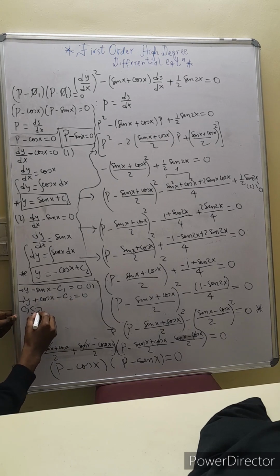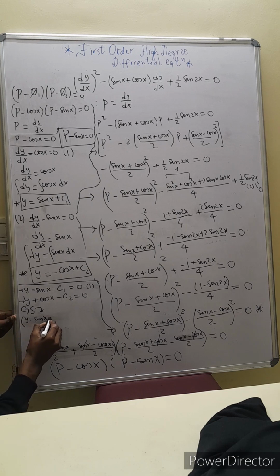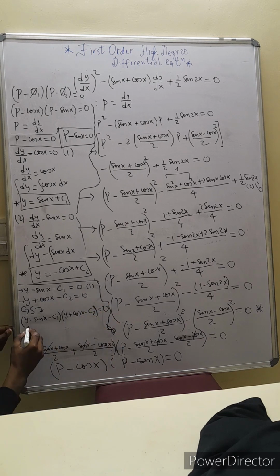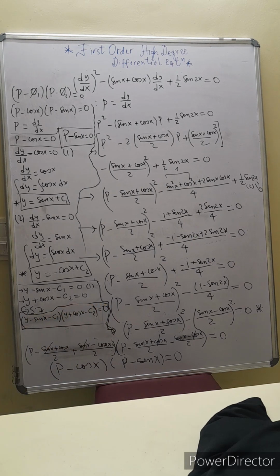So this will be our general solution: y minus sine of x minus C1 times y plus cos x minus C2 is equal to 0. This will be our general solution for this equation, as you can see here.